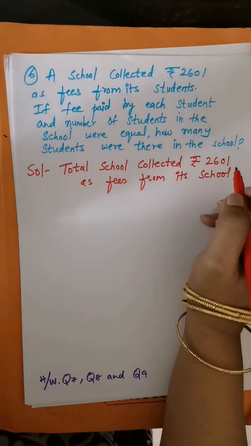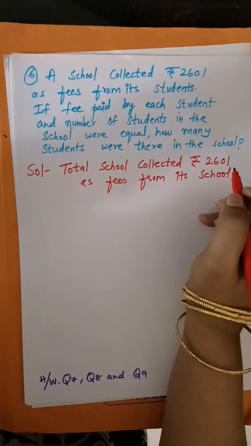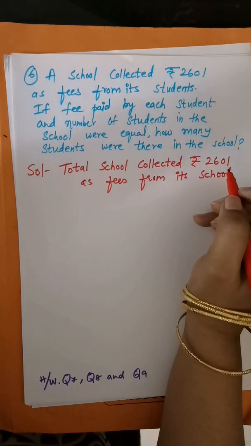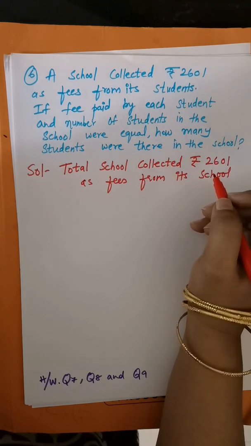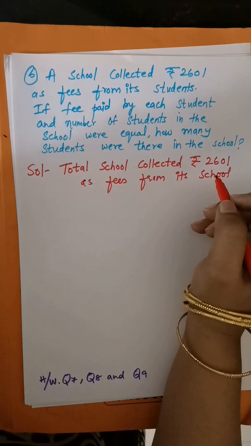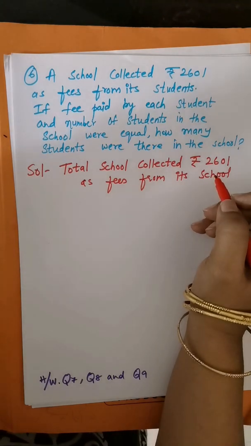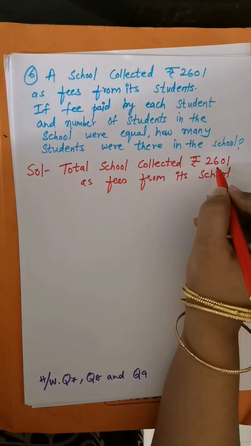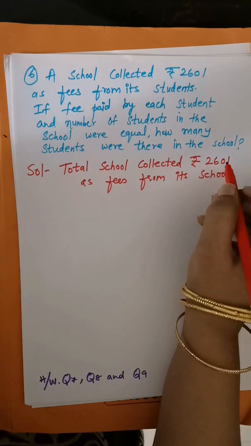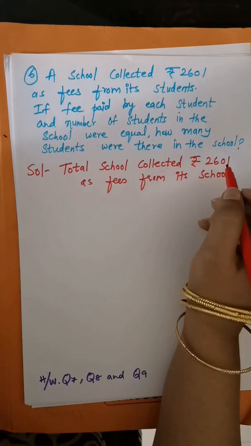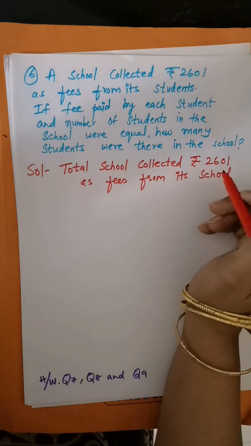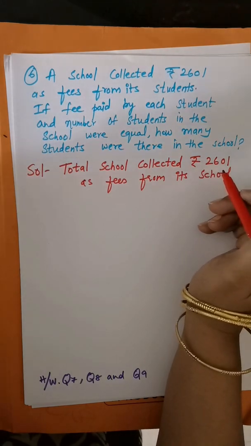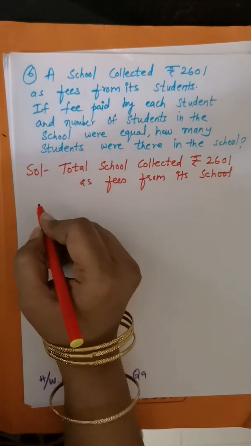Now we know that fees of each student into number of students will give you the total fees collected. Total fees collected is given. You have to find out how many students are there. Hint is given: the number of students in the school is equal to the fees paid by each student.